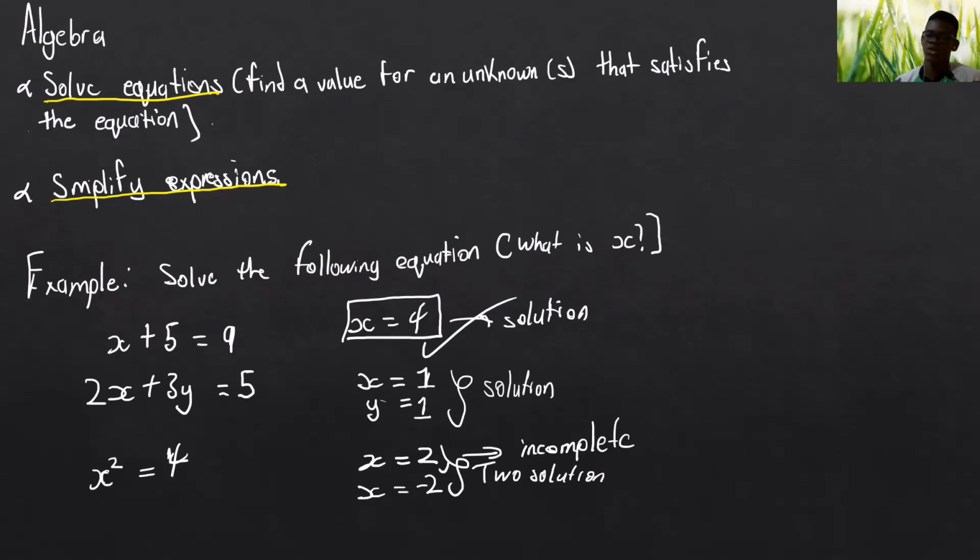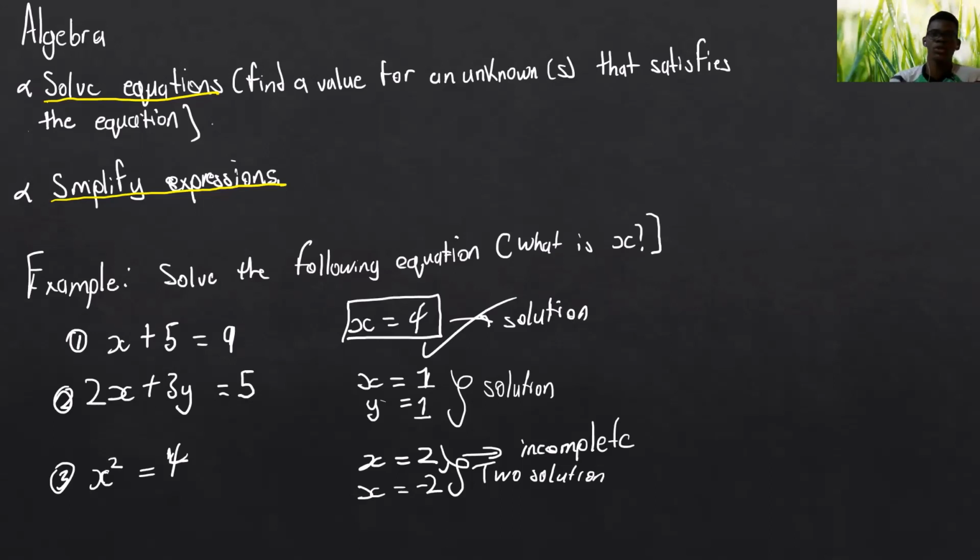When we're solving equations, we're looking at what possible values for X satisfy that equation. And you notice I'm looking at singular equations at a time. I'm only giving you one equation at a time. When we look at simultaneous equations in a sec, you'll see that you'll be solving for more than one equation simultaneously, and that's why it's called simultaneous equations, because you're finding the unknowns for 2 equations simultaneously.